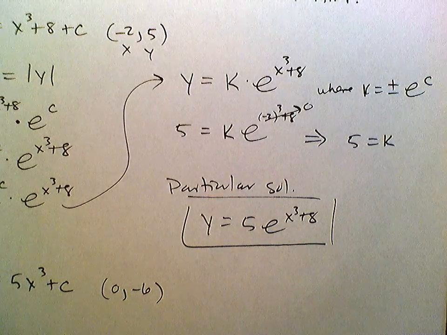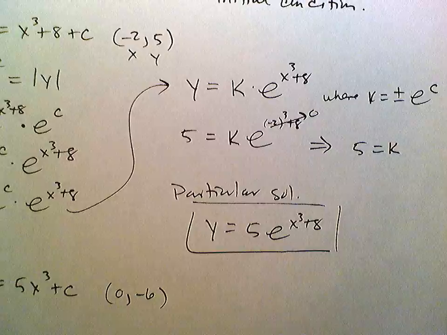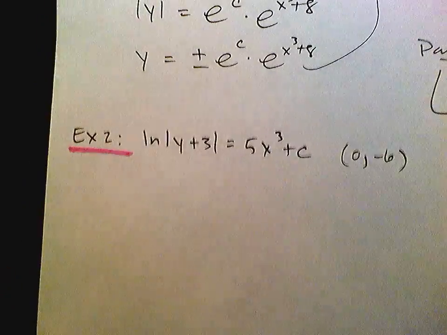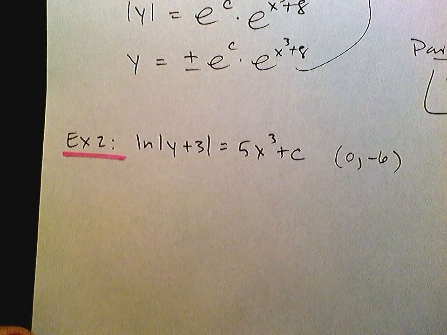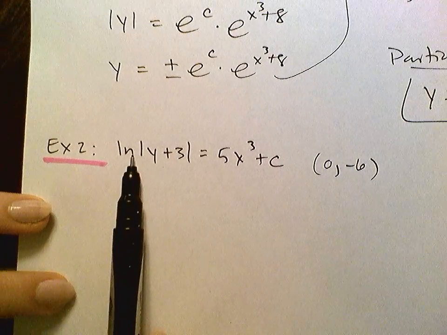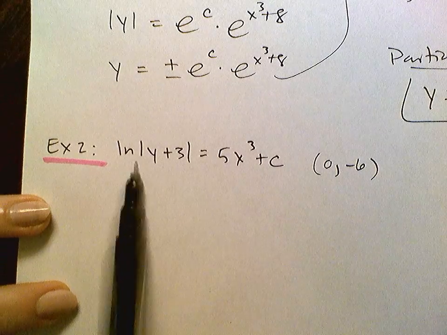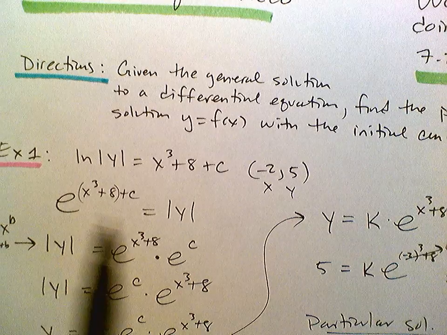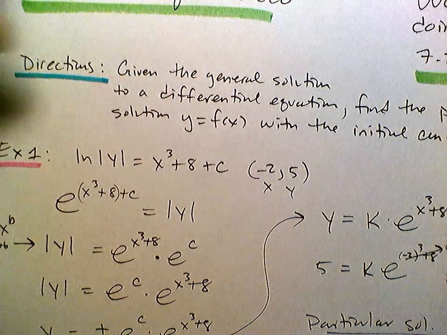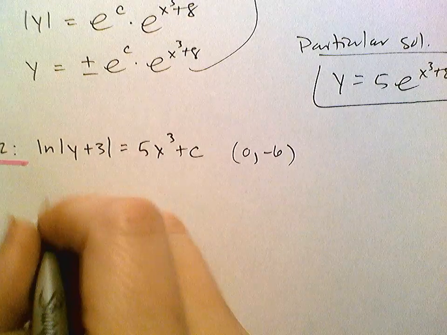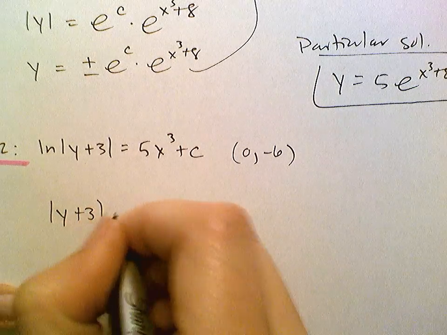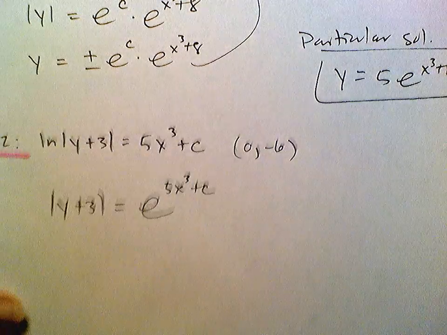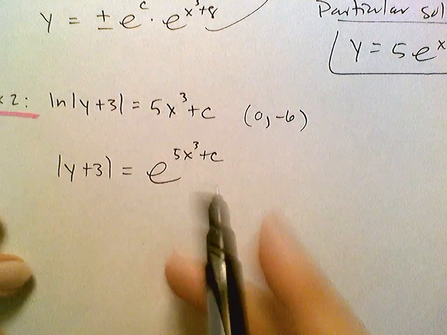Your partner problems today are just a series of problems just like this so that you can get the hang of that. Now here is this next one. Just like before, you're going to start off by converting this to exponential notation. Instead of writing it like this, I'm just going to write it immediately with my y's on the left side. So I have the absolute value of y plus 3 equals e to the 5x to the third plus c. Now I'm going to split this up.